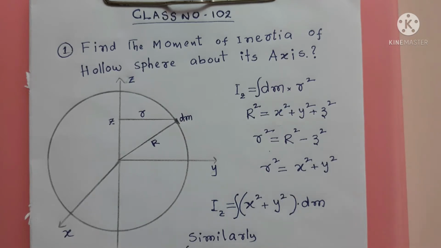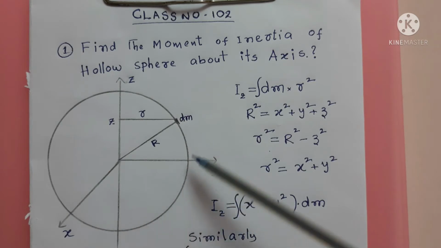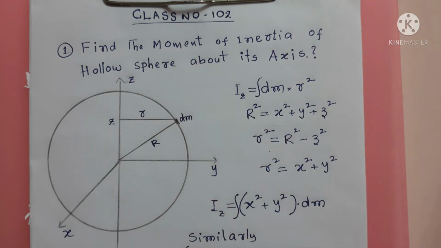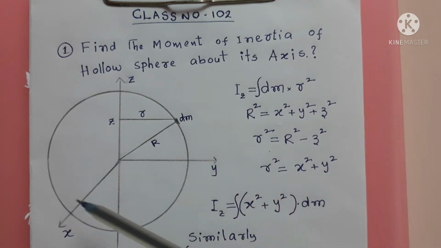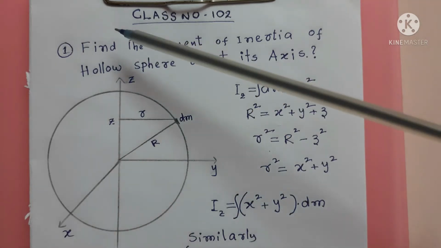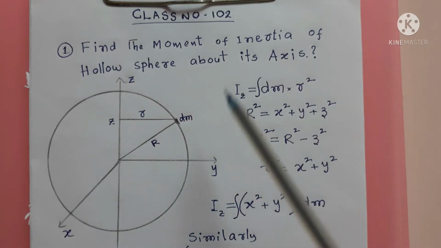See the figure carefully. This is a hollow sphere, like a spherical ball, like a football or volleyball. This is the z-axis, this is the x-axis, this is the y-axis. The x-axis, y-axis and z-axis are all mutually perpendicular to each other. Now we are going to find the moment of inertia of the hollow sphere about the z-axis.